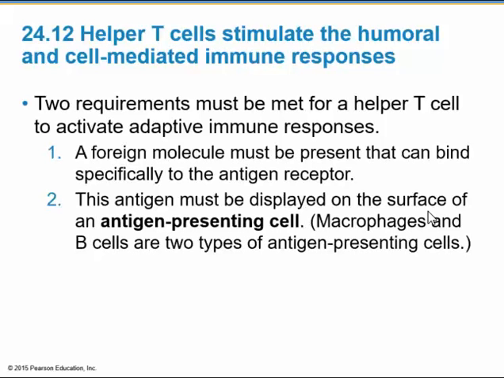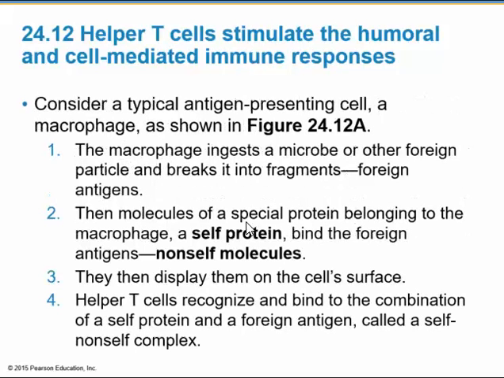Now, in order for a T cell to activate an immune response, there has to be an antigen present that will bind to the antigen receptor. And then the antigen must be displayed on the surface of an antigen presenting cell, such as a macrophage or B cell. Alright, let's look at an example here.